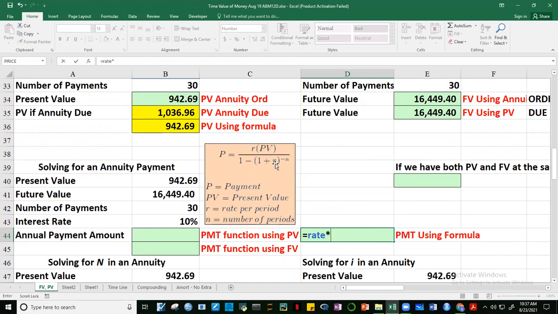Rate times the present value, the present value we denoted by P, divided by quantity 1 minus quantity 1 plus R, which is the rate, raised to the negative n, small n. Take a look at the formula, guys. That's the formula to compute for the annuity, P.